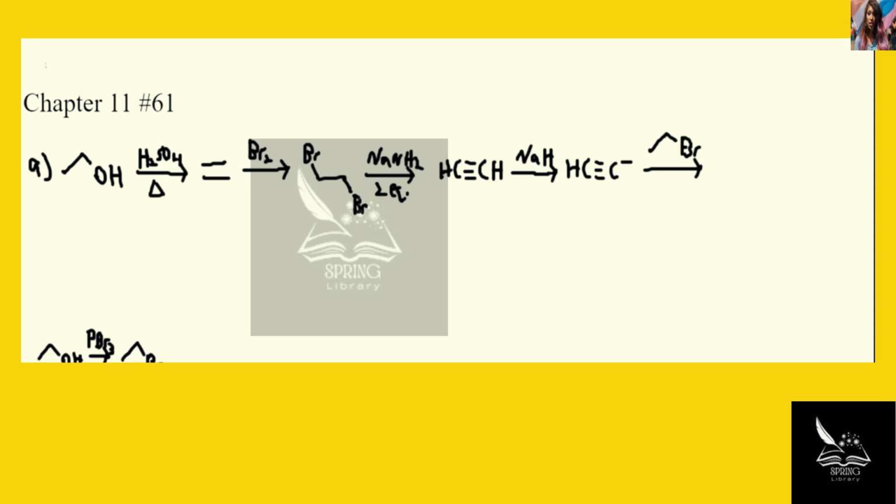Once we do that, we are going to have this. We can now deprotonate this again with sodium hydride, and then use that acetylide ion as a nucleophile to open this epoxide, and then protonate with water.